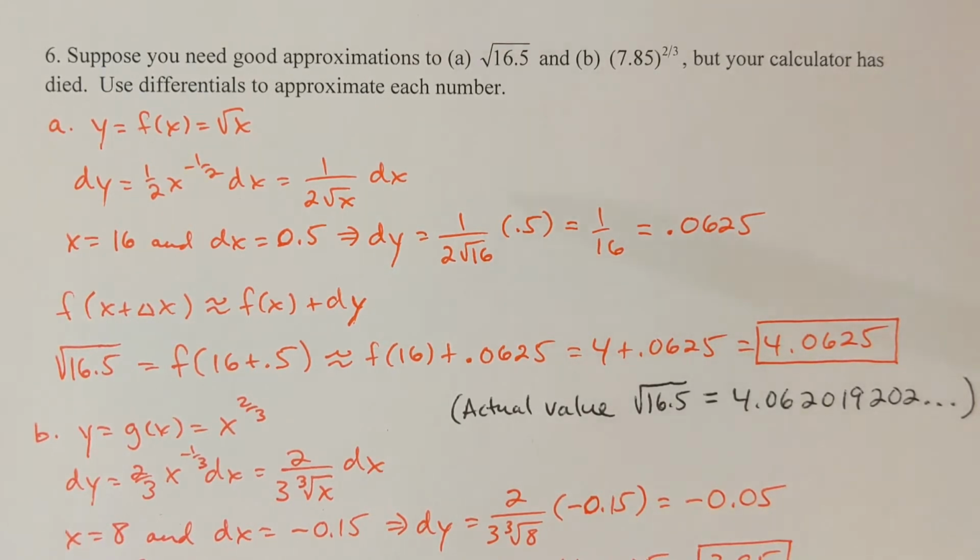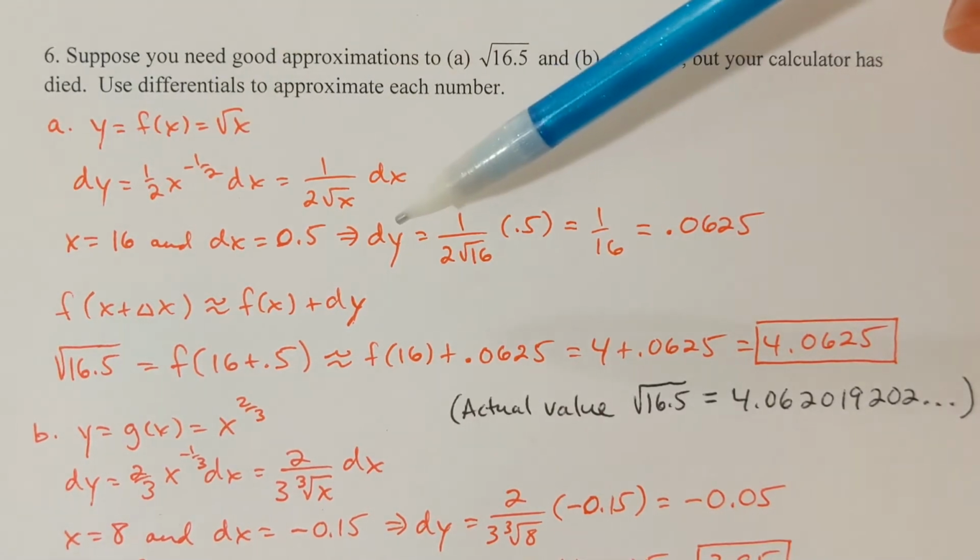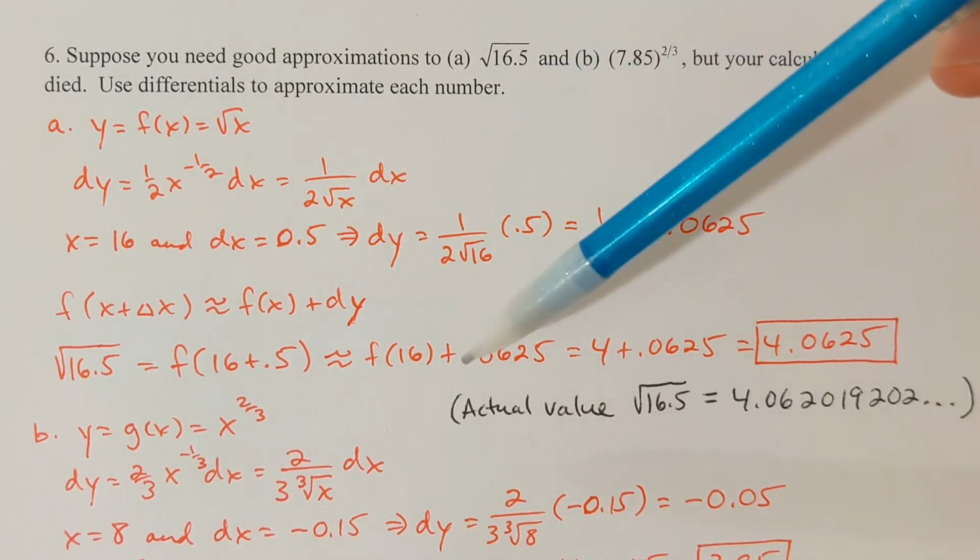Well, let's see. The first thing that we're going to need is a function. In part A, I'll need to let f of x be the square root of x. Since I've got the square root of a number, I'll let y be the square root of x. I've got to use differentials, so I'm going to need to find dy, and delta y for this problem would be 0.5.